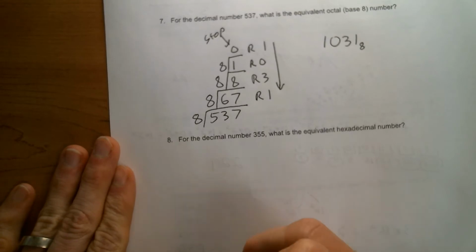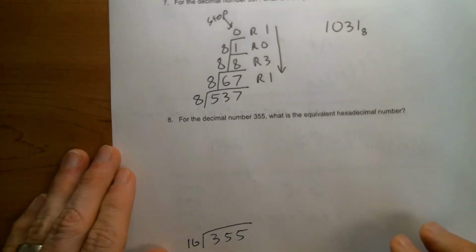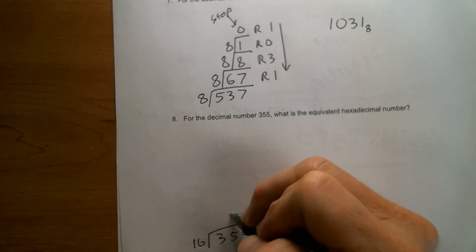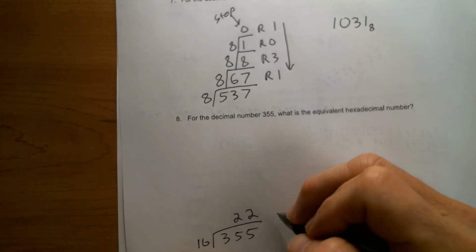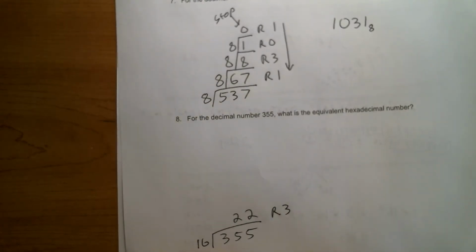And I can say, all right, 355 divided by 16 goes in 22 times. 22 times 16 is 352, which means the remainder is 3.